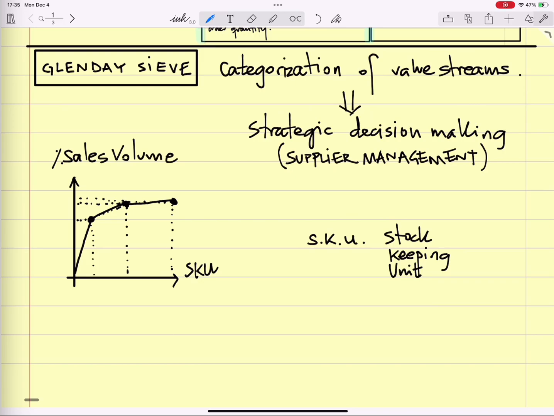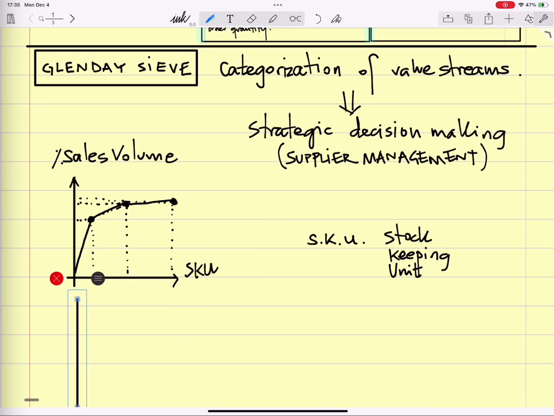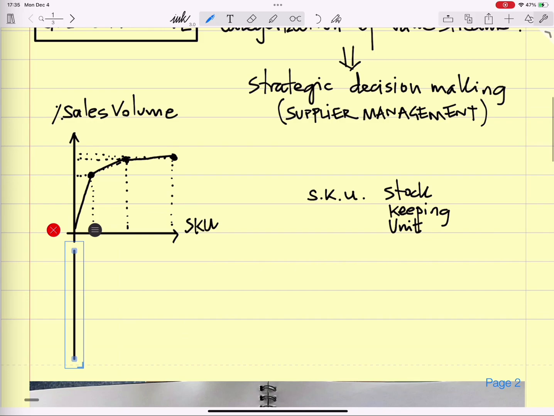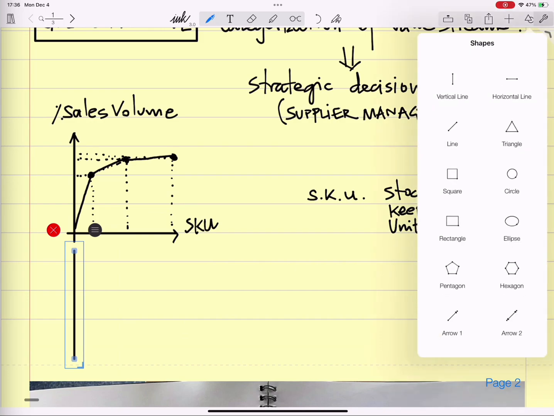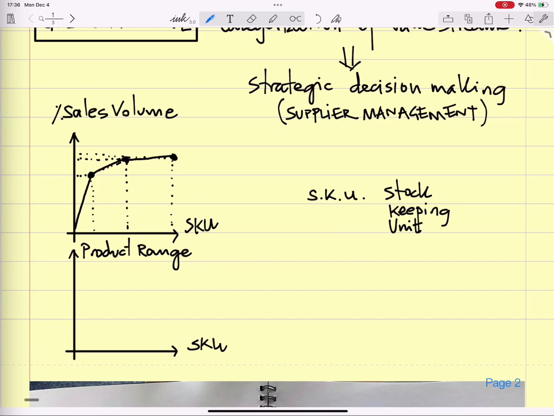And the other dimension that we use here, also SKUs, and the other dimension is the product range. Okay, so here again we have a different distribution.